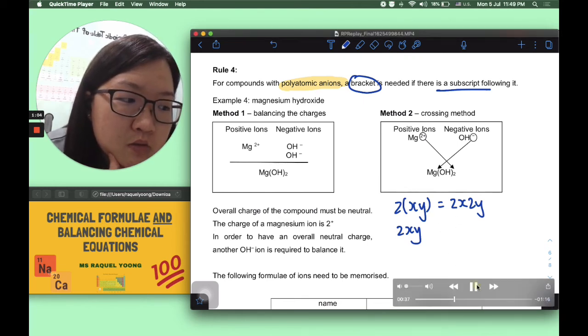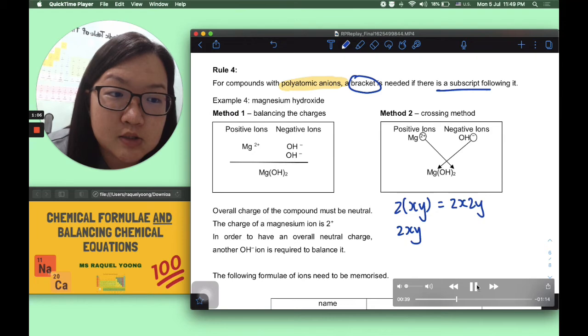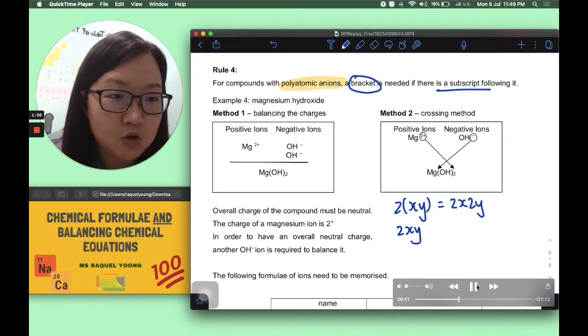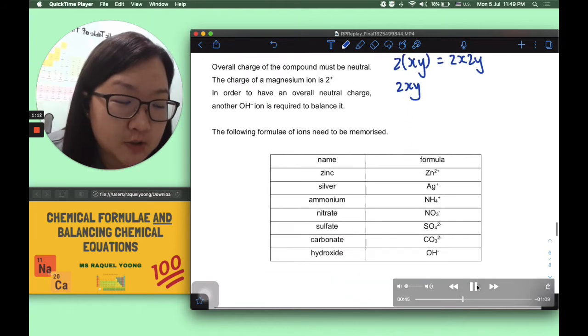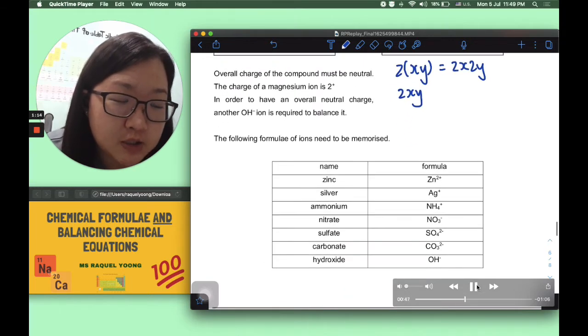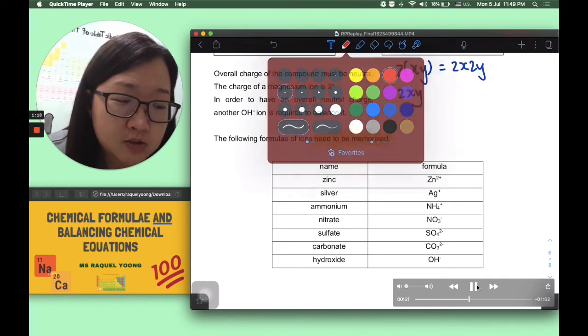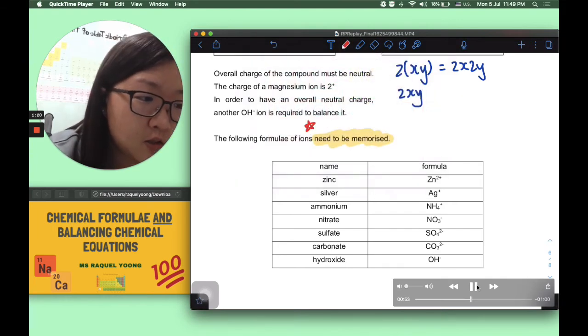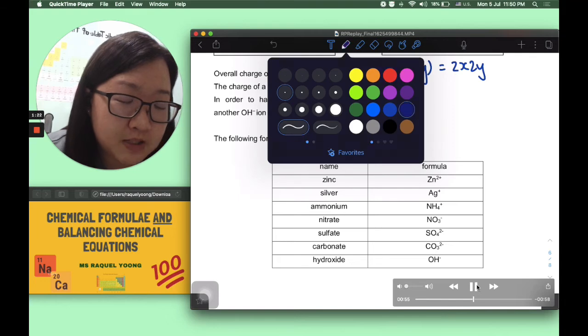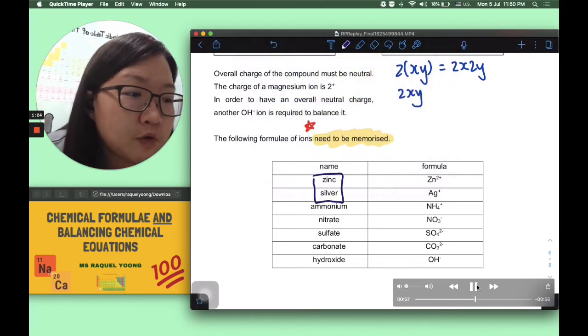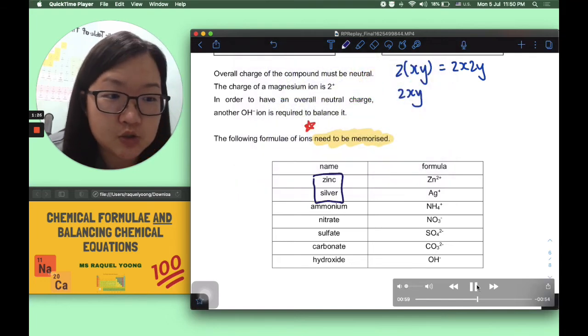Okay, so let's look at the exercises to see it in a more concrete way. But before that, let's talk about the table at the bottom. Again, this one, please highlight that it needs to be memorized. Put a big star there. Let's run you through it. For zinc and silver, these two are transition metal ions.